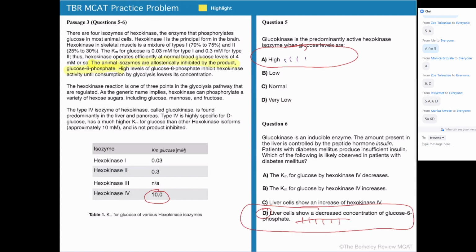So when insulin's going out, the body's saying, we need to store all this excess glucose as glycogen. So if there's a lack of glucokinase, there's going to be a lower total concentration of glucose 6-phosphate. And this is exactly why diabetics have to be very careful with their sugar intake. All right. Does anybody have any questions about 6? Good job.